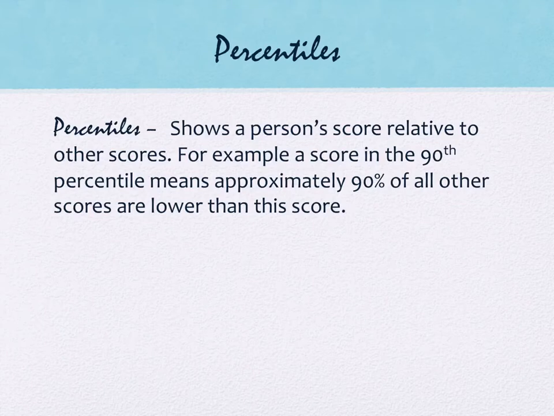So you can't get 100th percentile on anything unless you are the absolute top person to score, and then 100% of every other score will be below you. That means nobody scored exactly the same as you did, and that's highly unlikely, to be honest, right? So you practically never see 100th percentile scores. You're looking at things that are 99% and below.